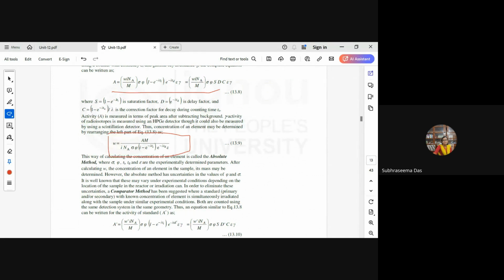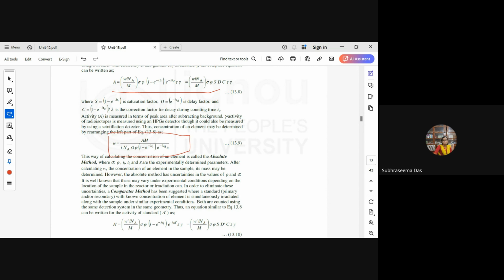After calculating W, the concentration of an element in the sample, its mass is determined. However, the absolute method has certain uncertainties in the values of sigma and phi.